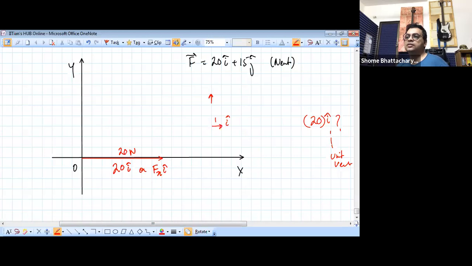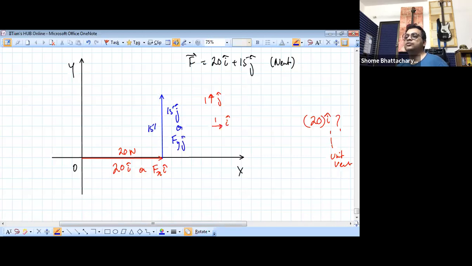Now similarly, what is j cap? J cap is a vector of magnitude 1 along the y-axis. I have drawn it approximately, but it will look like an arrow like this. So 15 j cap will be a vector of magnitude 15 units along the positive y-axis. So this will be the vector 15 j cap, or what we are calling Fy j cap.